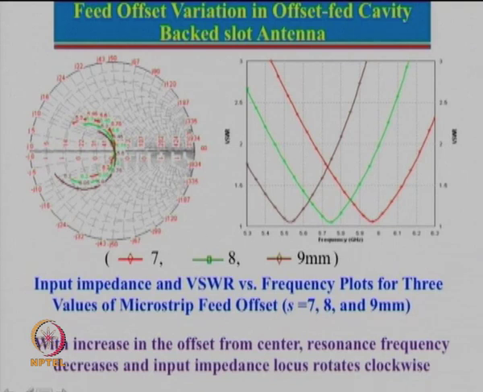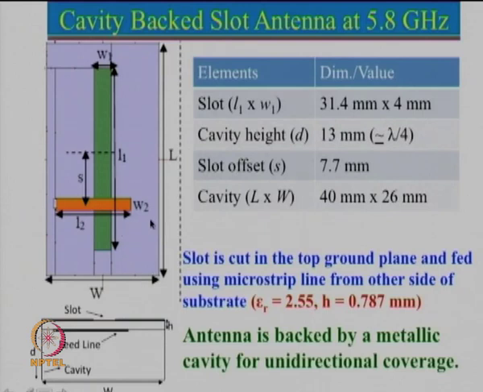Here is the effect of the offset. If you change the offset, one actually wonders why the resonance frequency changes. The reason why the resonance frequency is changing is that this offset feed is placed on the slot. So, what is happening here is that this is getting coupled along with this here.